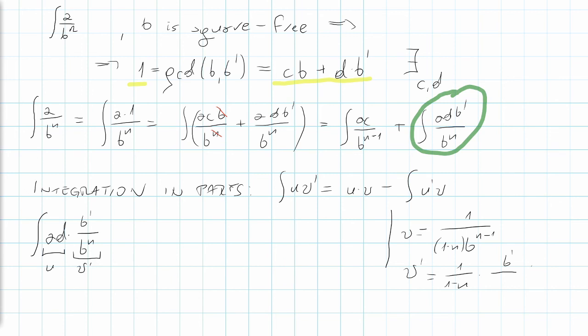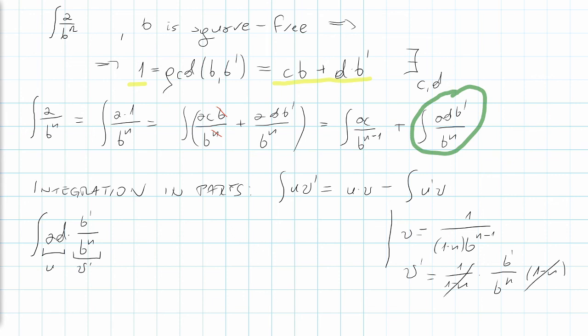So this will be 1 minus n, and b to the power one less, so minus n minus 1 minus 1, so minus n plus 1 minus 1, so it's minus n, so it's b to the n here.